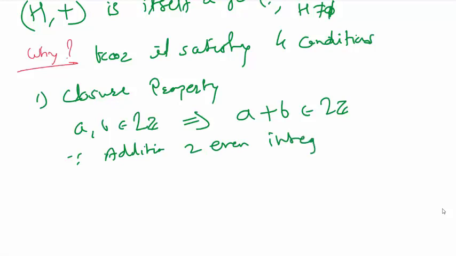You can take 4 plus 6, 10, it is even. 6 plus 12, 18, that is even. Addition of two even integers is an even integer.